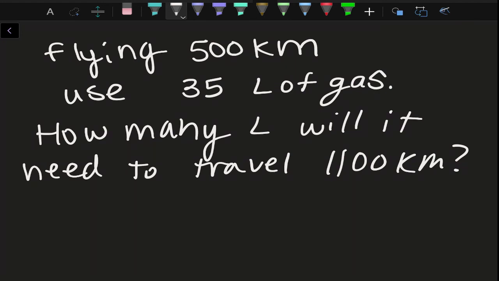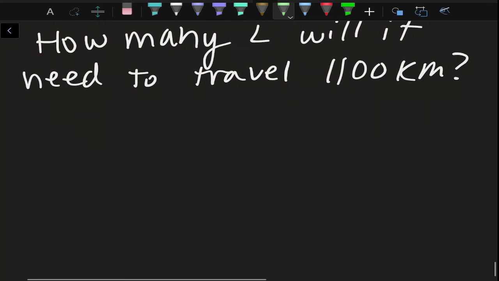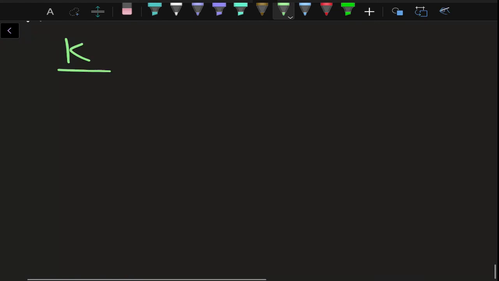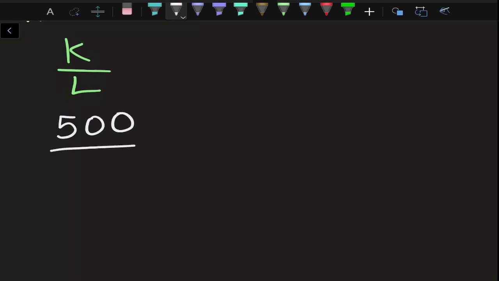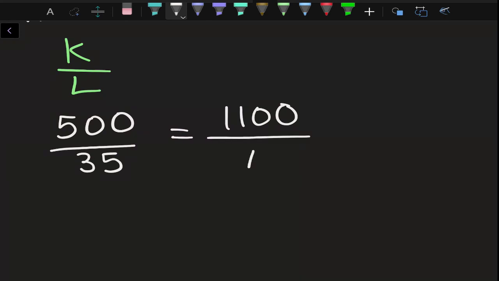Now again, the first thing to identify here is what our ratio is, and our ratio is kilometers to liters. Okay, kilometers to liters. So what that tells us is we're going to have 500 kilometers to 35 liters is equal to 1,100 kilometers, how many we're going to finish with, over some form of liters.